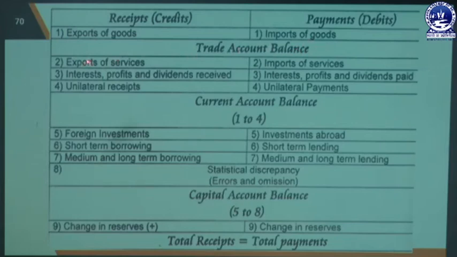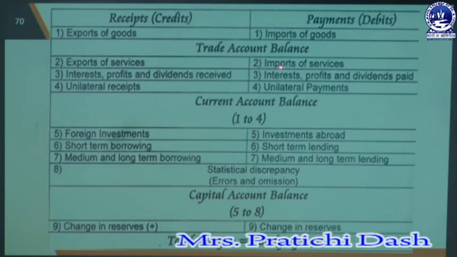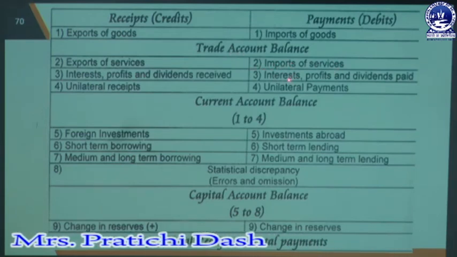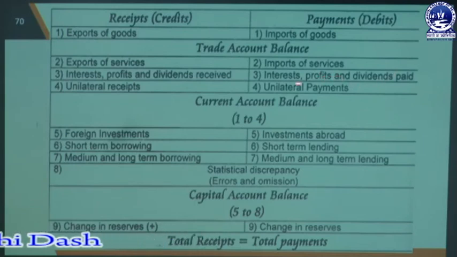Then another one comes under the export of services, interest, profits and dividend receipts, and unilateral receipts. These all come under the receipt side, or the credit side, for which the country receives from foreign countries. For the imports of services, interest, profit and dividend paid, and unilateral payments, the country pays to foreign countries.